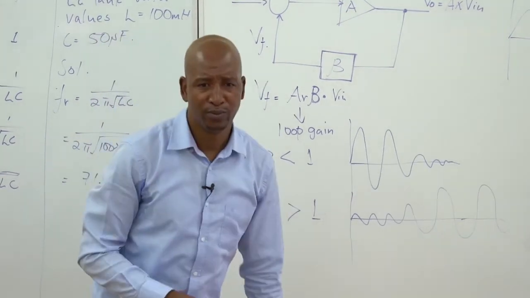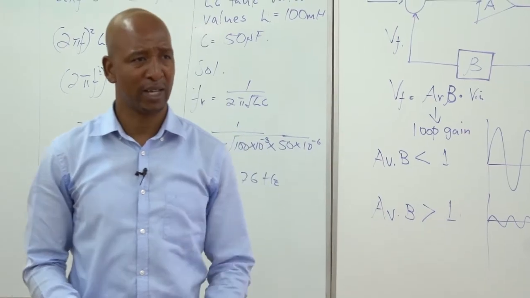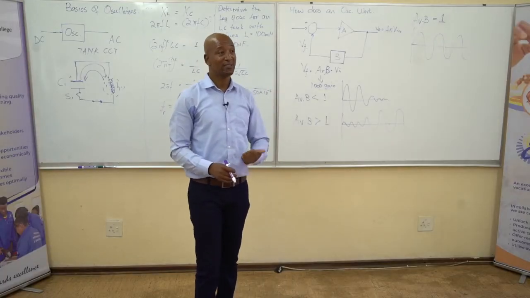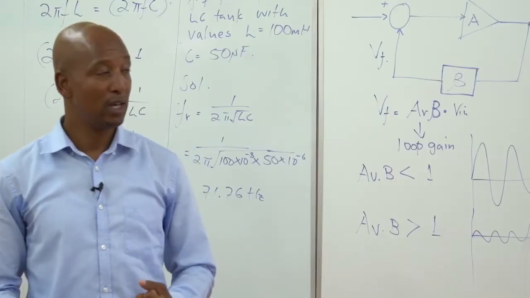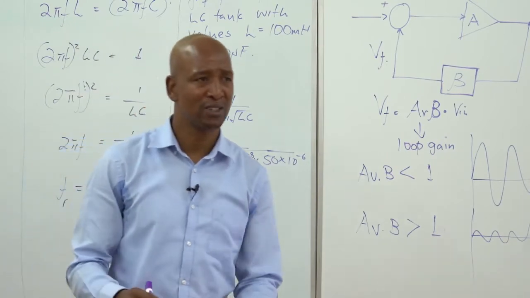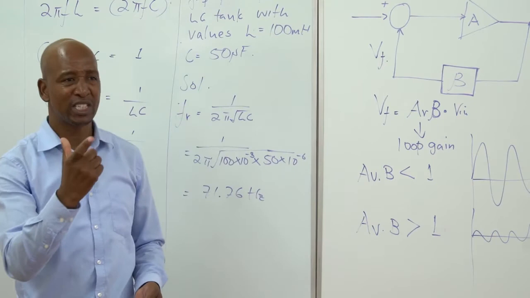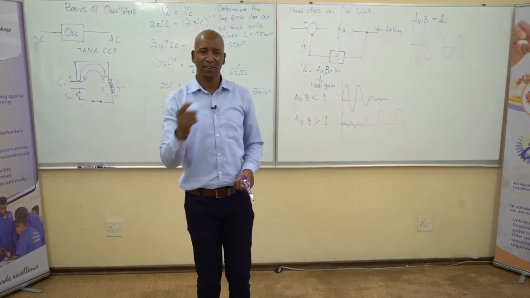Condition number 2, oscillation must have positive feedback. Enough, we have a feedback, but the feedback must be in some kind of a positive format. What do we mean by positive format? A positive feedback has a 0 degrees phase shift, or a 360 degrees phase shift.